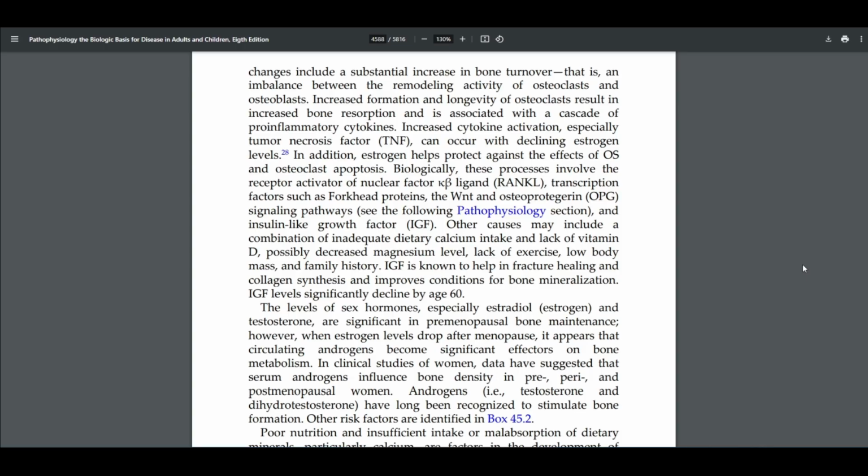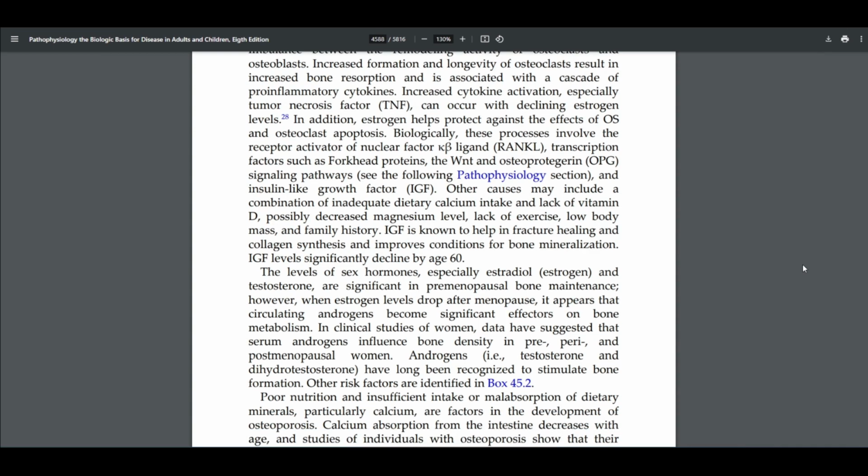Biologically, these processes involve the receptor activator of nuclear factor kappa-B ligand, or RANKL, transcription factors such as the forkhead proteins, WNT and osteoprotegerin signaling pathways, and insulin-like growth factor.